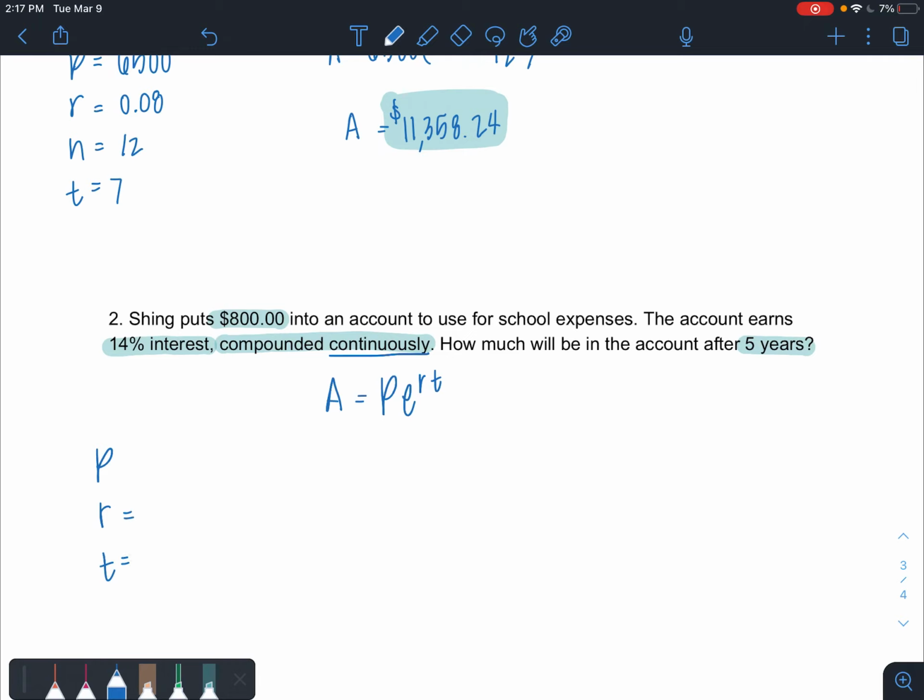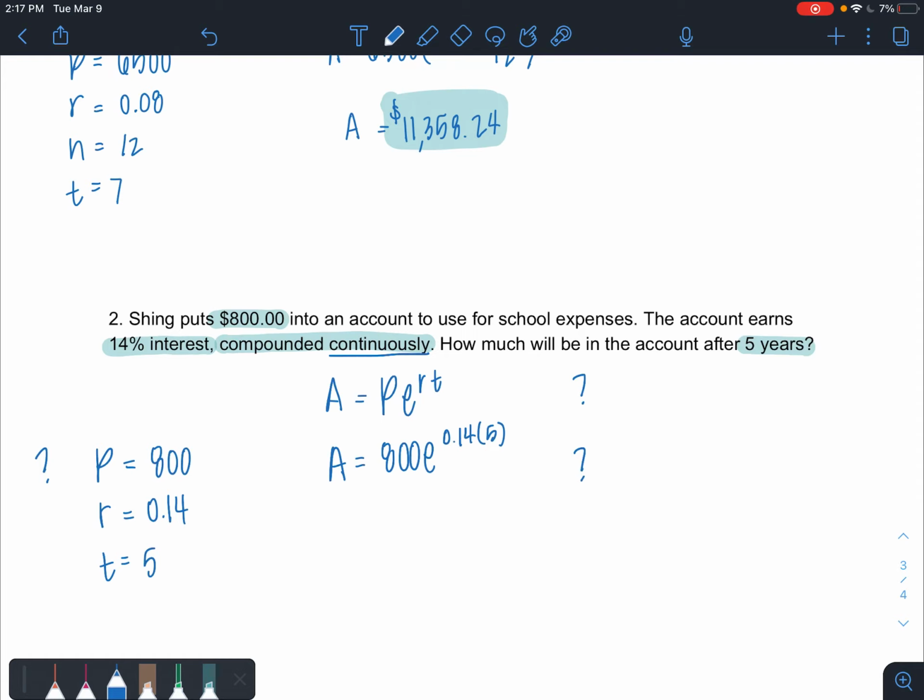So I'm going to go ahead and write P, R, and T over here so I can fill those out. So go ahead and fill those out yourself. You should have said P was 800, R as a decimal is 0.14, and the amount of time is 5 years. Go ahead and plug those into this equation. What you should have got was A equals 800 e to the 0.14 times t.